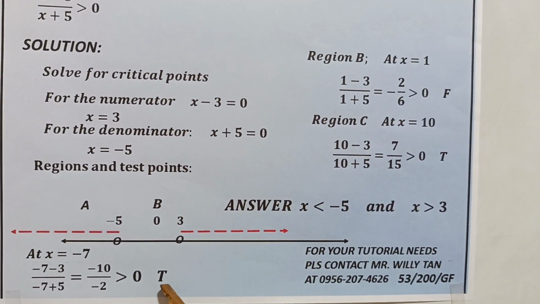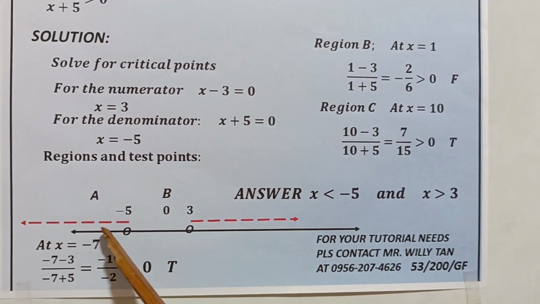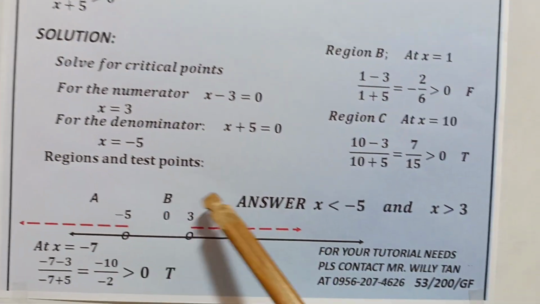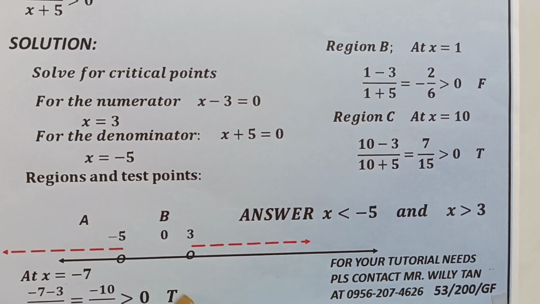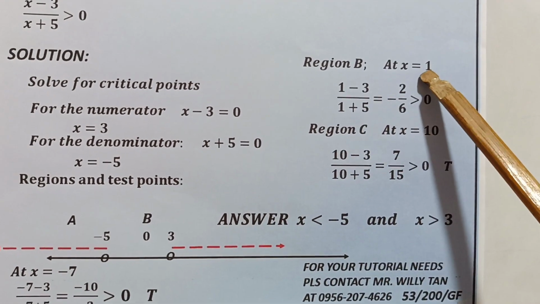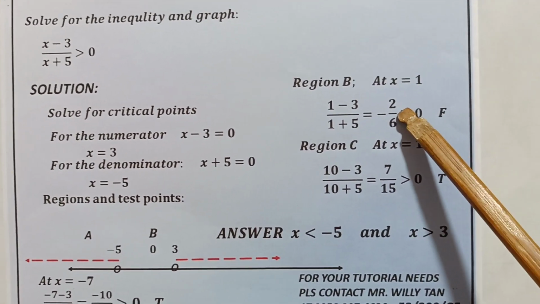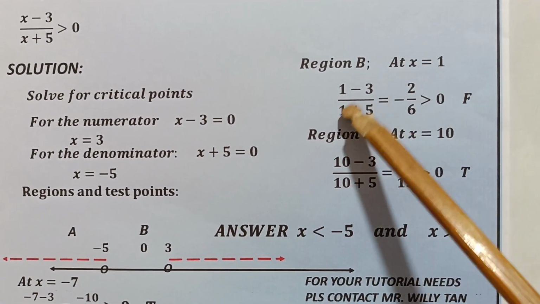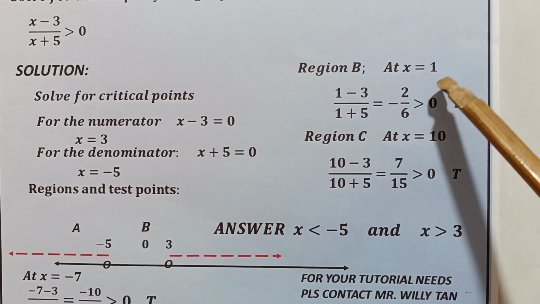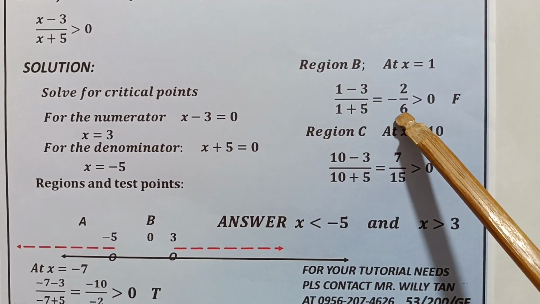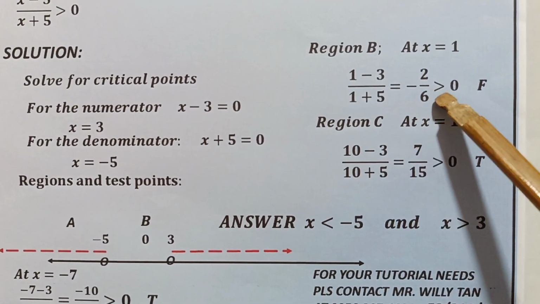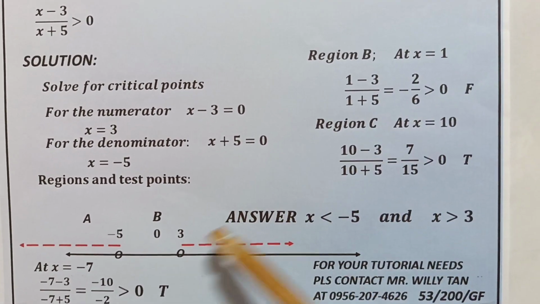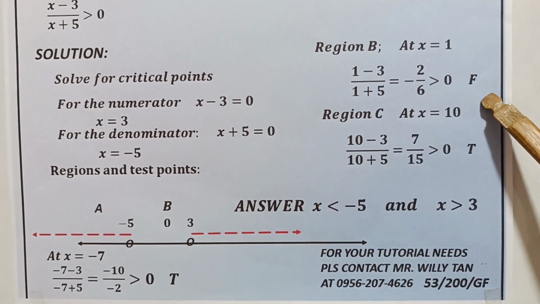Since 5 is greater than 0, this region will be our solution. And test also region B, from negative 5 to 3. We choose x equal to 1 and substitute it into the given inequality. 1 minus 3 over 1 plus 5 is negative 2 over 6, which is negative 1/3. Is that greater than 0? False. So region B will not be included in the solution.